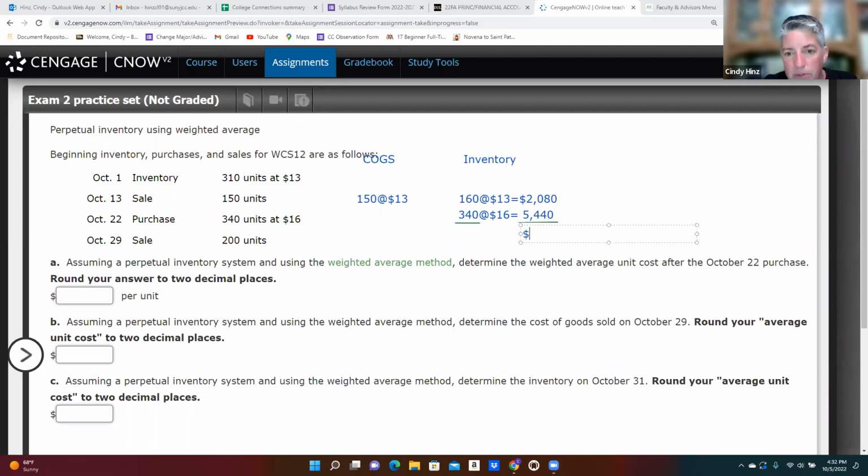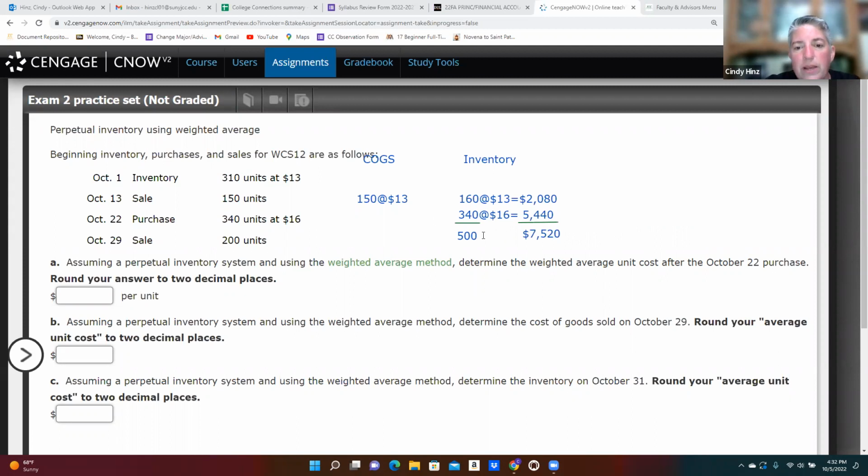So the total cost would be 7,520, and the total units would be 500. Just as the formula in Brightspace shows you, we take the total cost, 7,520, divide by the total units, 500, and it tells us to round to 2 decimal places.